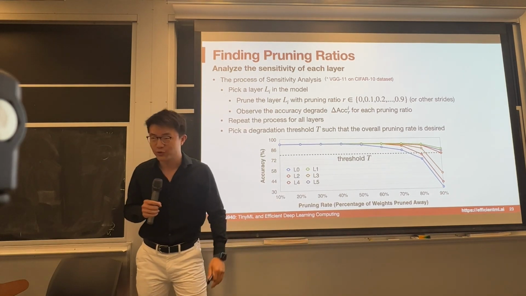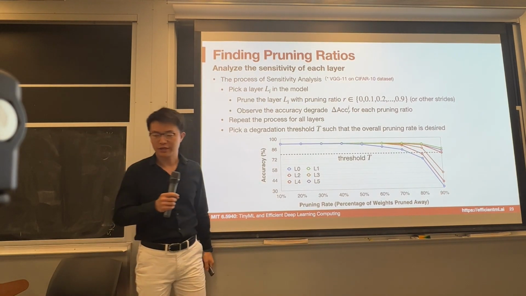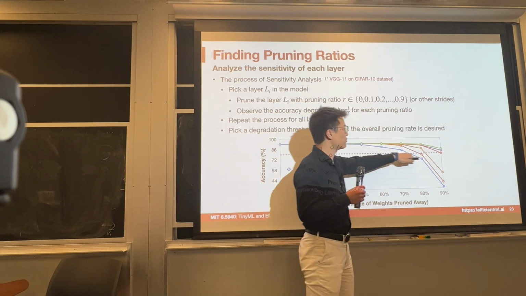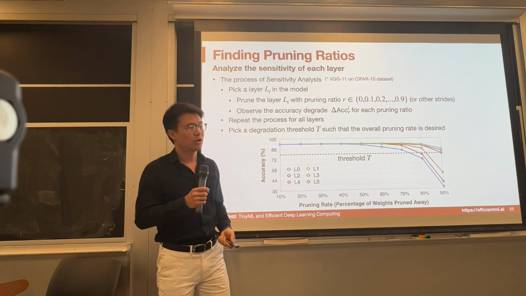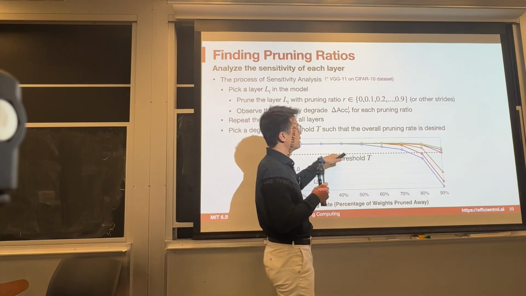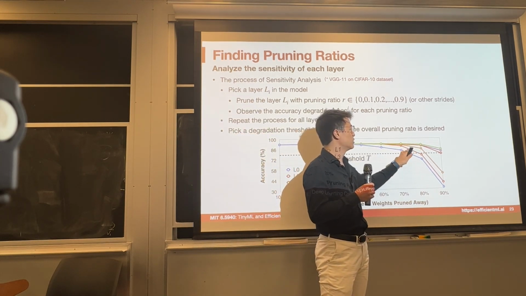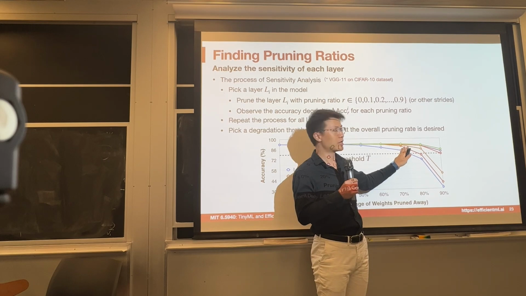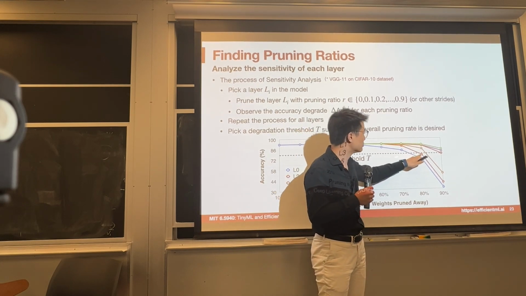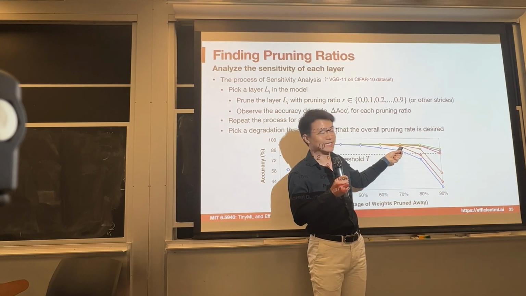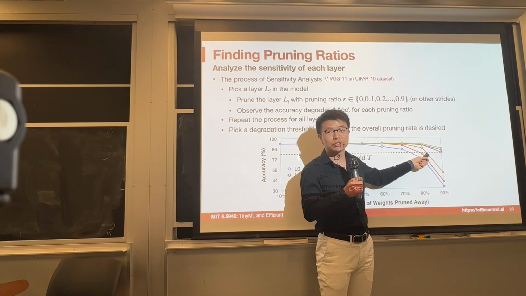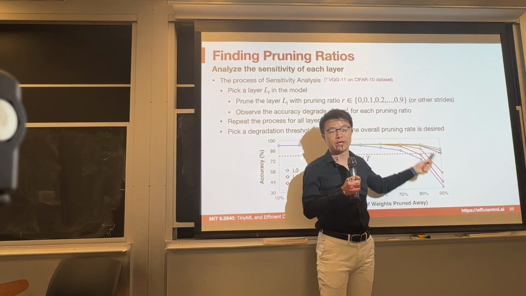Again, this is just a pure engineering heuristic. We set a certain threshold, and then we select the pruning ratio by this threshold. When it is above this threshold, for example, for the blue layer, I will prune it here. For the red layer, this is already below threshold, so I would prune it here. Versus for the orange layer, this is the ratio I would prune.